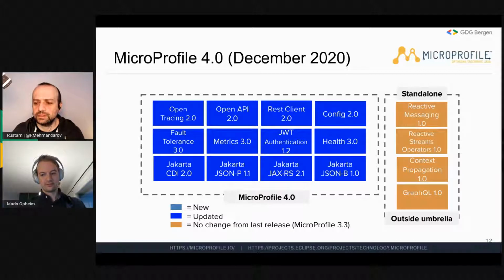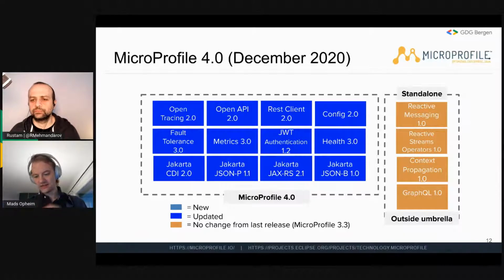The thing that is important to mention, as I briefly mentioned already, is that MicroProfile is a specification, so it's up to the vendors of the application servers to implement that. And yeah, go ahead, Mats. Yeah, which is an important distinction that we'll also talk a bit more about later on.